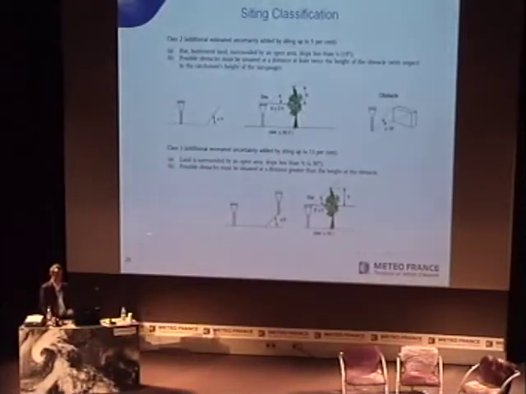But it is sometimes hard to have a good classification. For example, a good location for a rain gauge would be a forest with just a little hole where you put your rain gauge, and then you will have a really good measurement because no wind will arise around the rain gauge. But this is not a good classification for every parameter except rain.